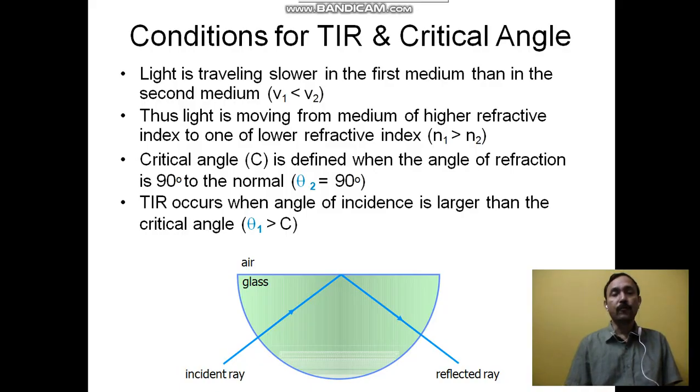Total internal reflection, or TIR, occurs when the angle of incidence is larger than the critical angle.